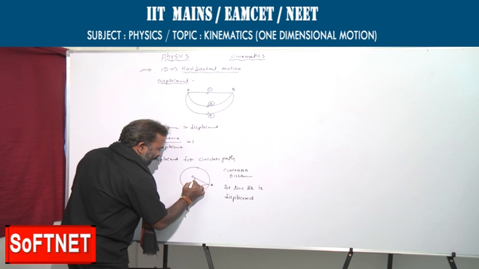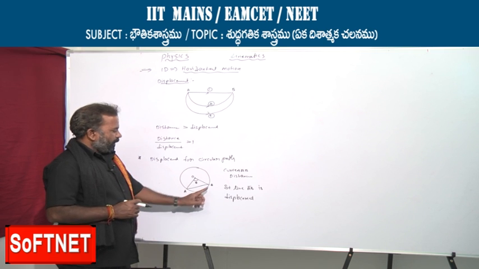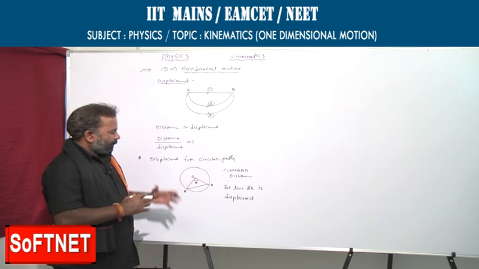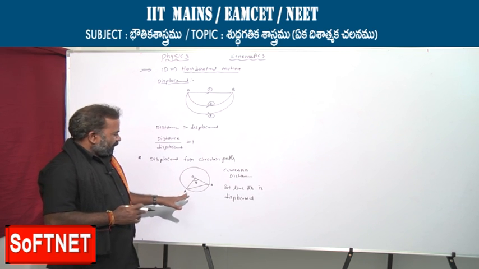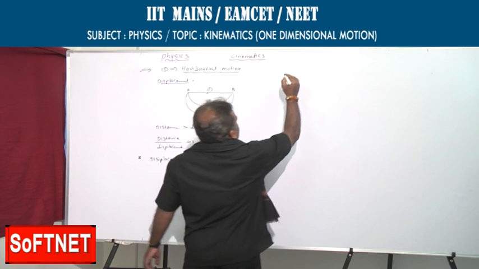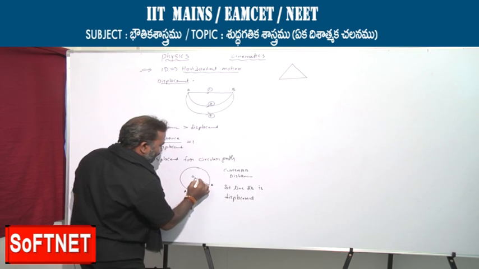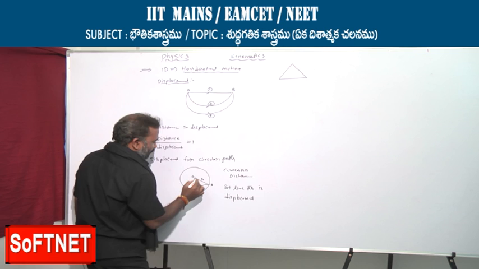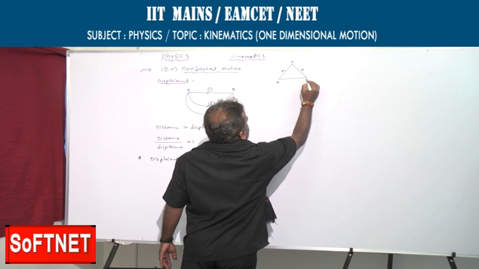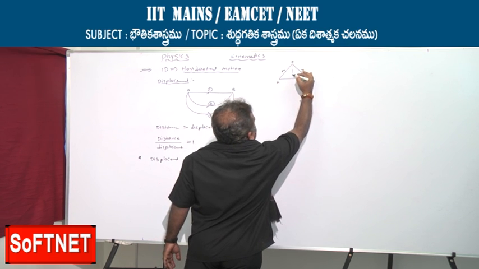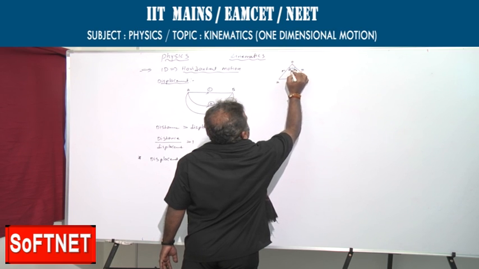If it subtends an angle theta at the center when a body is moving from point A to B, then displacement is given by, if I take that triangle separately, I'll take this as the radius r of the circle, R O A to B. I will drop a perpendicular bisector, so this angle will become theta by 2 and this is also theta by 2.